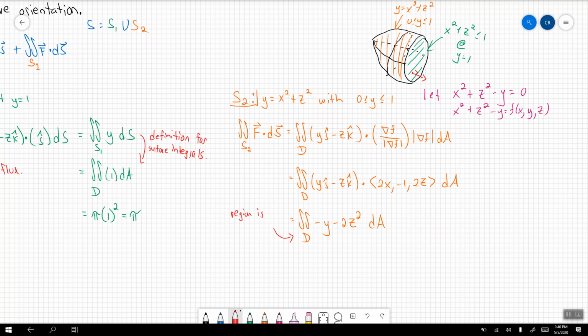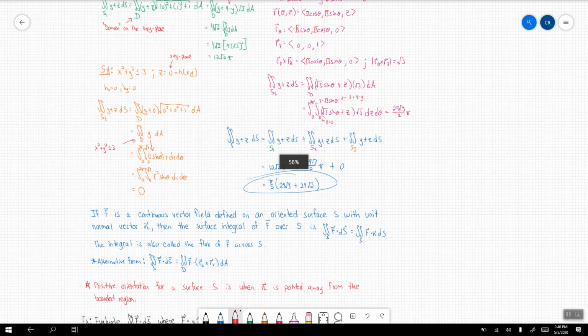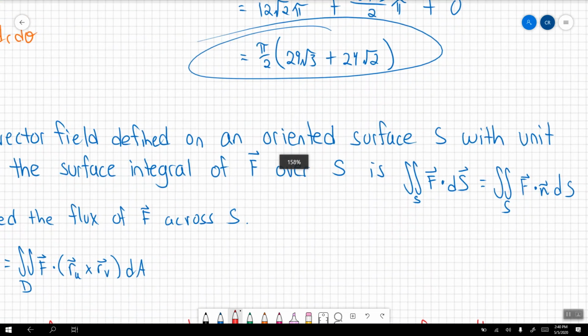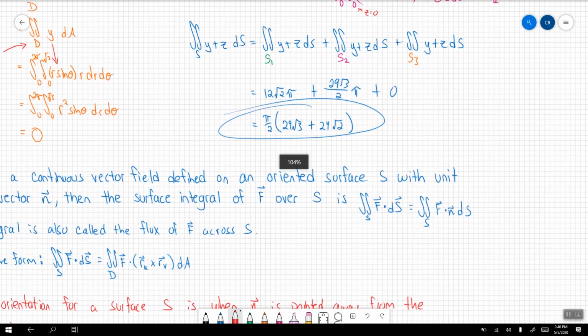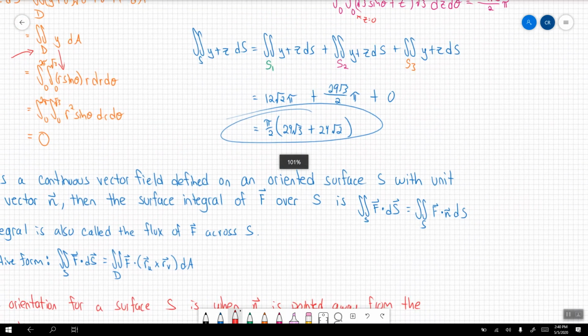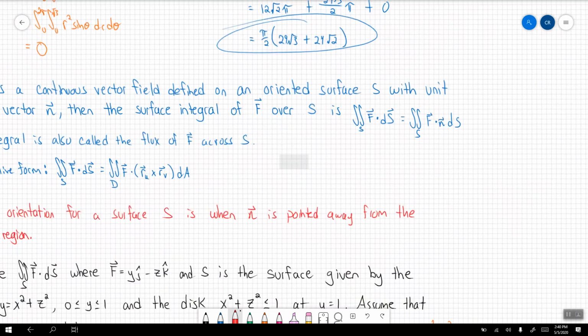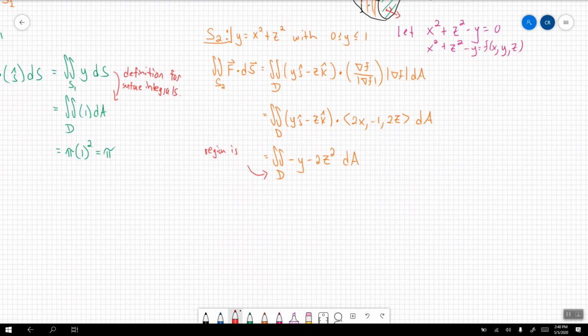region is projected, whoa, cheese and crackers. All right, here we go. Alright, so I'm going to say the region is projected onto the x and z plane.